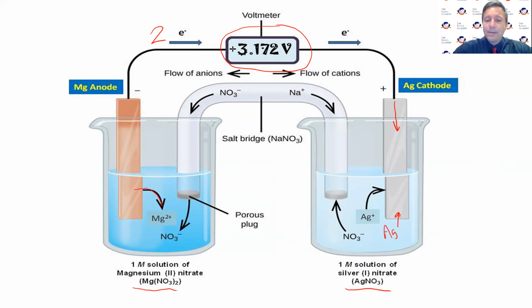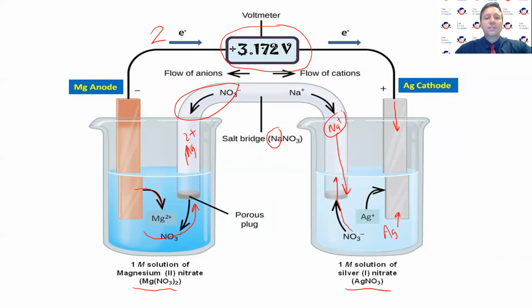And now the nitrate is going to move through the salt bridge, as you can see right here, and on the other side we have the sodium coming across from the salt bridge itself. So the magnesium is going to come in this side over here, Mg2+, and in this salt bridge, the Na is going to flow out.